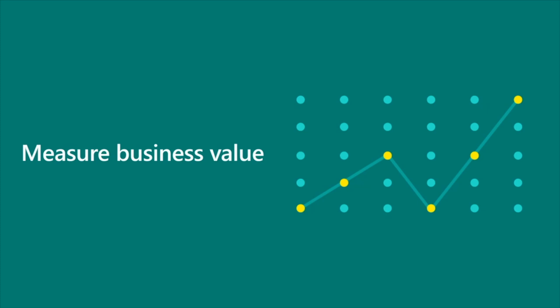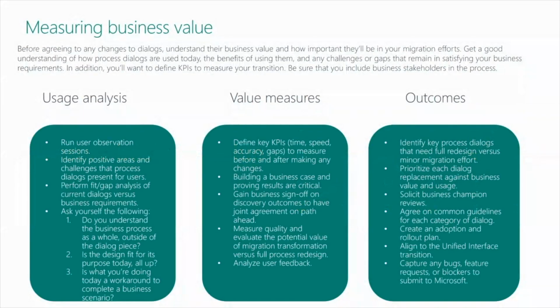So the second part is really measuring the business value. Once you're done with understanding how many dialogues you have, how users are using them, the categories and all of that, you also need to understand the business value and how important these dialogues are in your migration effort. So get a good understanding of how process dialogues are used today, the benefit of using them, and any challenges or gaps in satisfying your business requirement.